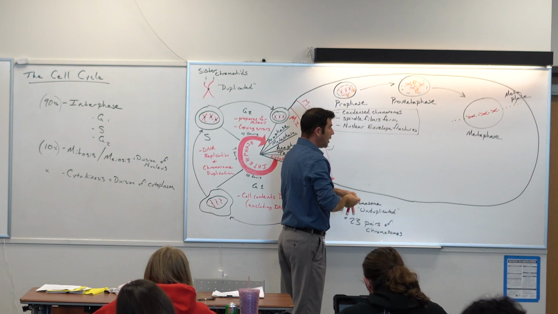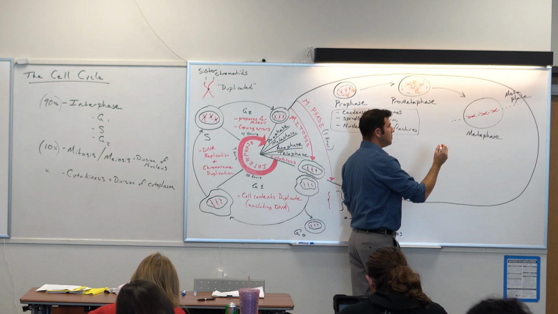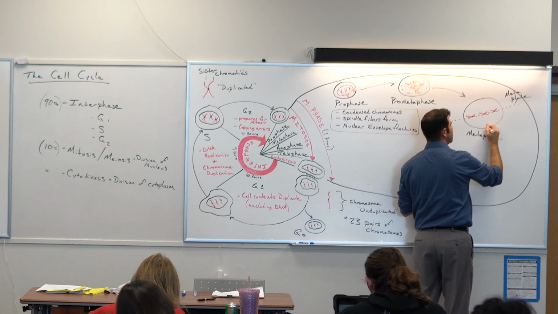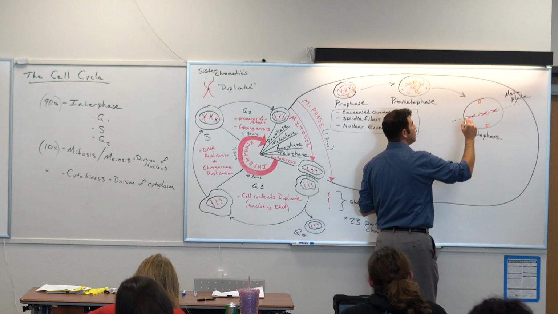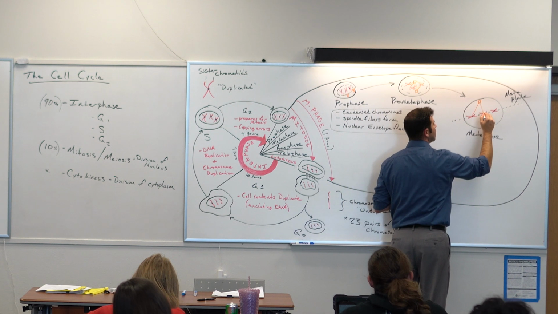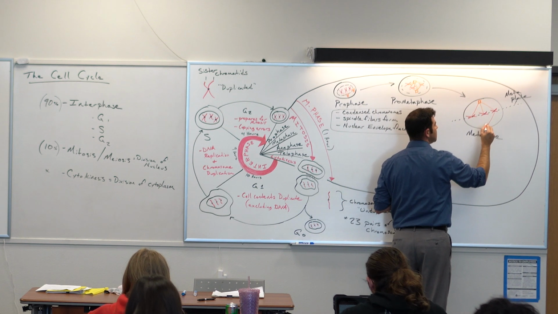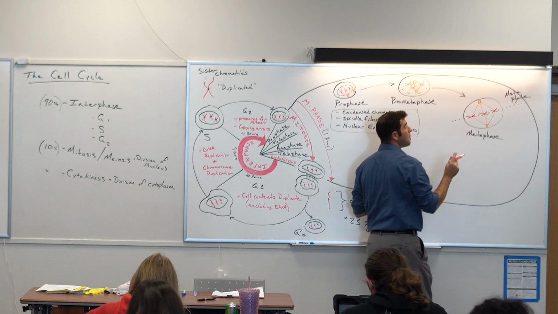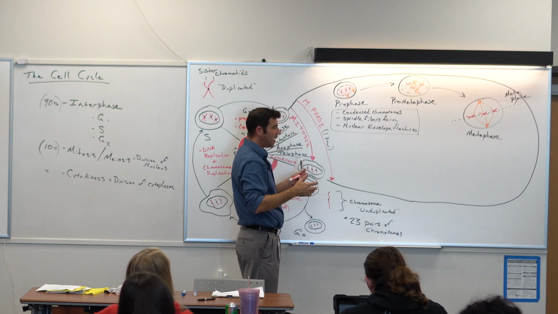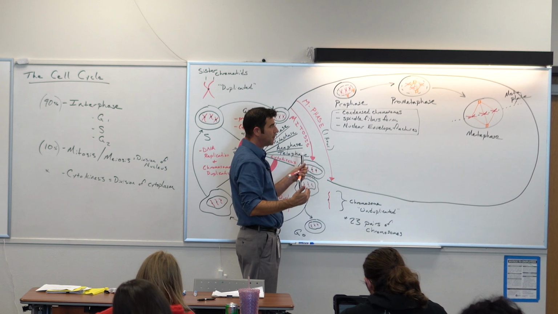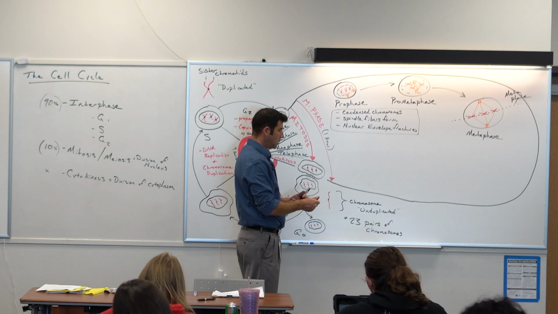The other clue that we know that we're in full-blown metaphase is that these centrioles are going to be at opposite sides of the cell. And we're going to see that they're reaching out and they're grabbing onto those centromeres from both sides. Look at how those centromeres now have spindle fibers attached to them from either side.